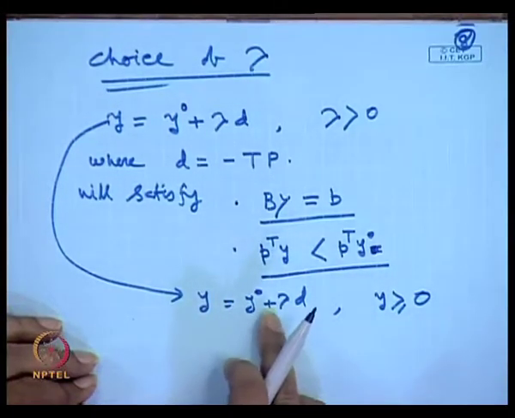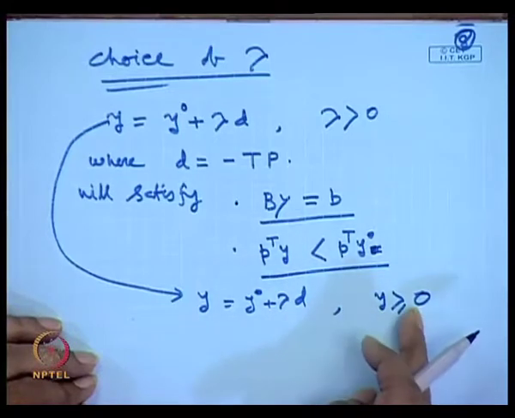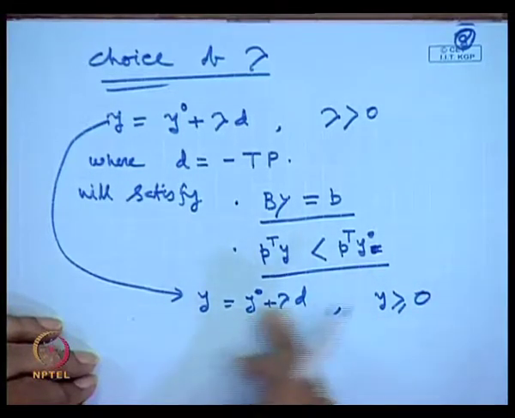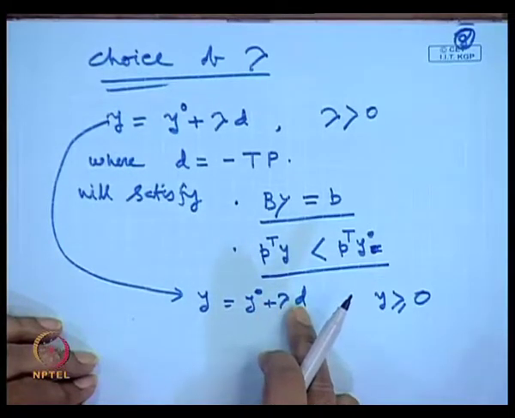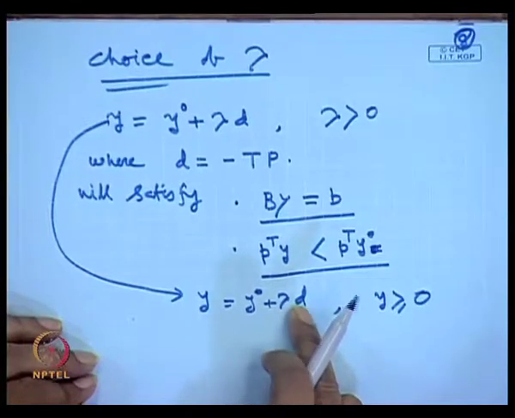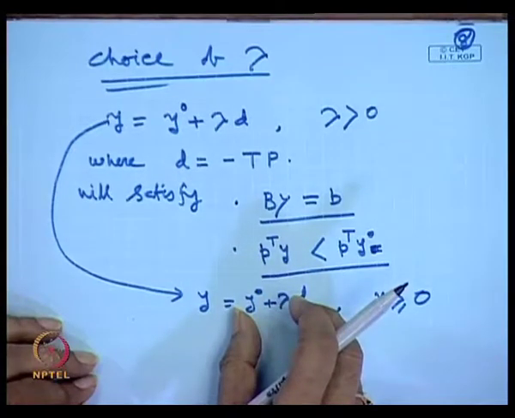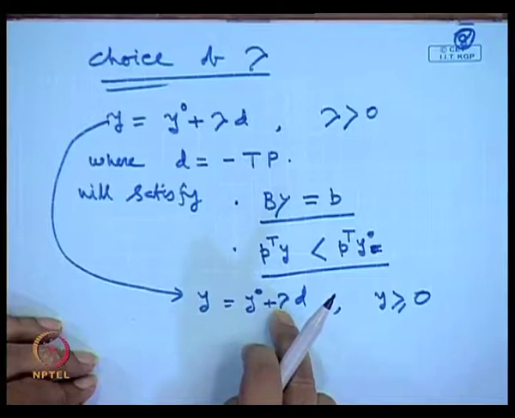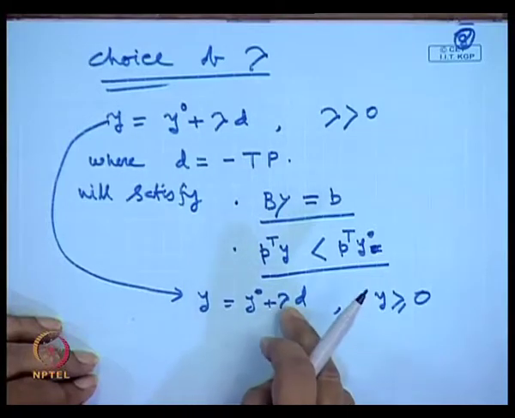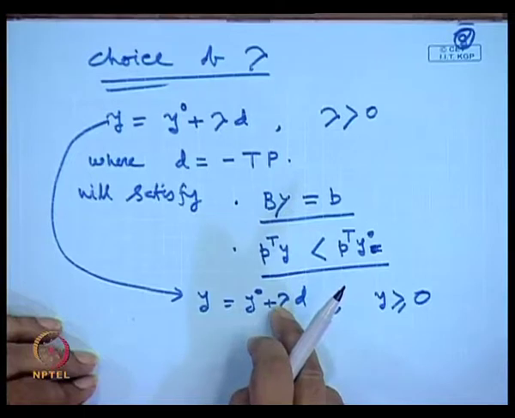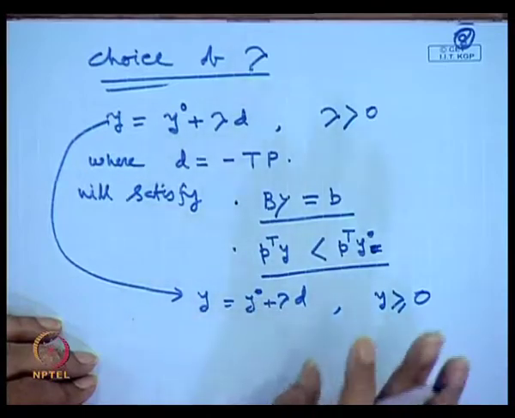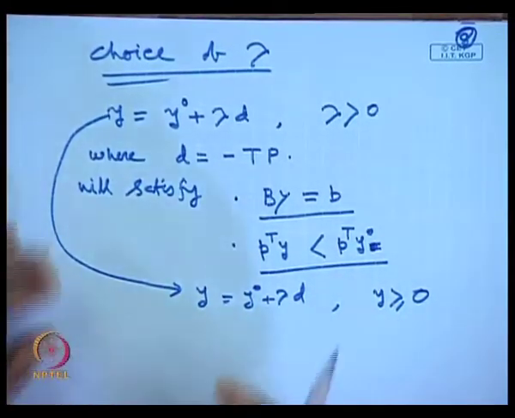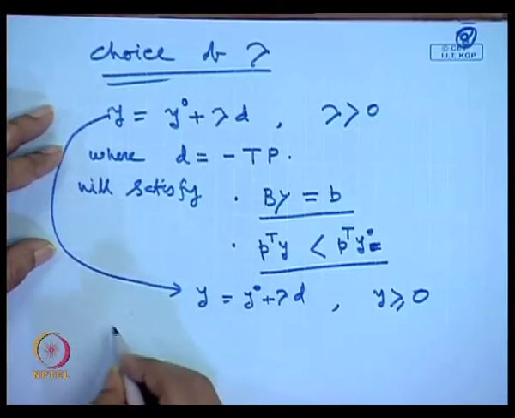Now, if the ith element of D is negative, then we may get a difference, even though y 0 is positive and lambda is positive. If it is negative, the difference of these two can be negative, but that depends on the choice of lambda, and we can make the choice of lambda so that in that situation the ith element of y must be positive or greater than or equal to 0.